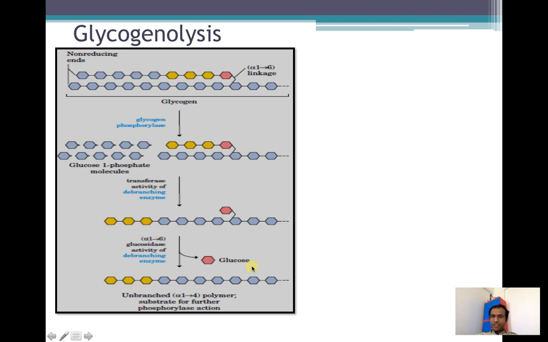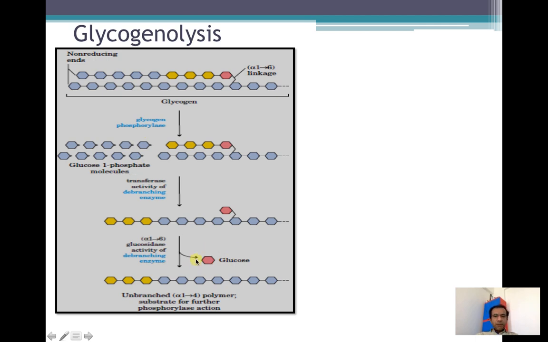The only change here is that if there is a breakdown by glycogen phosphorylase, the released form of glucose is glucose 1-phosphate. In case of the debranching enzyme, the released form will be free glucose. So that is the difference in action of glycogen phosphorylase and debranching enzyme.